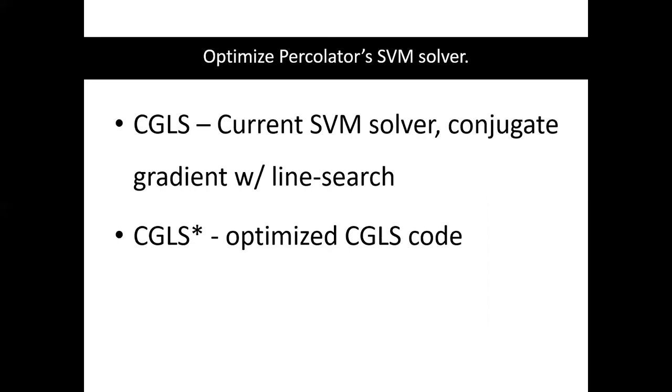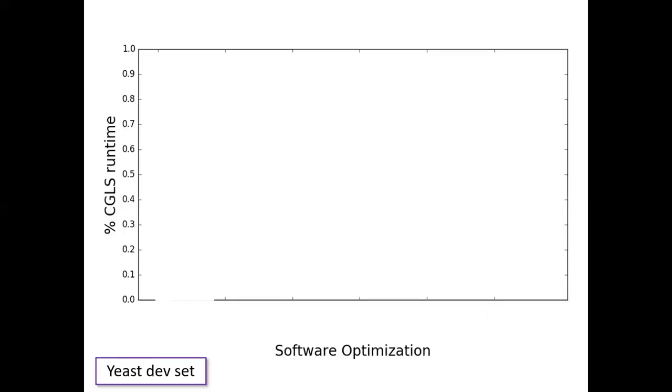CGLS stands for Conjugate Gradient Line Search. And the resulting highly optimized solver, we're going to call CGLS star. A lot of these HPC optimizations follow a very similar development lifecycle.